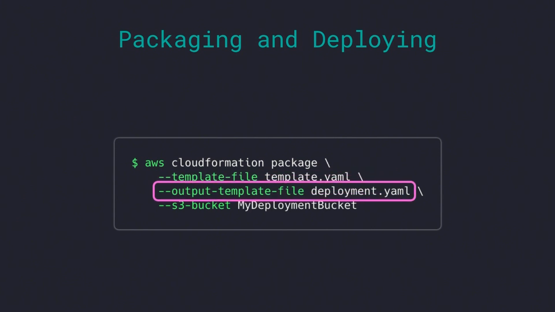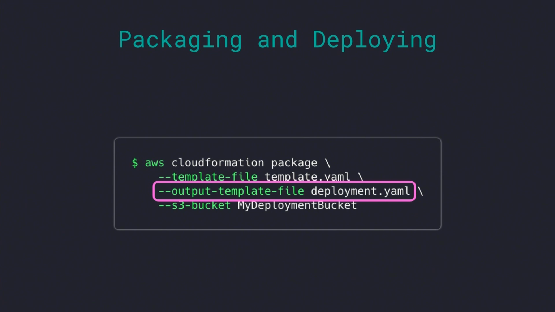And then we're giving it an output template file. So CloudFormation, like I mentioned before, is going to process that template. But when it processes that template, if it has resources it needs to create, all the source code for those Lambda functions already has to be up in S3.